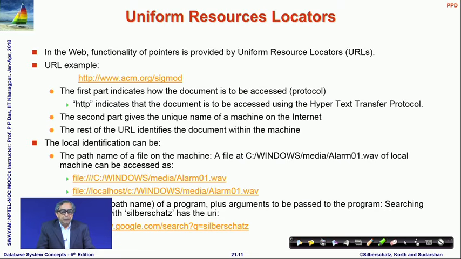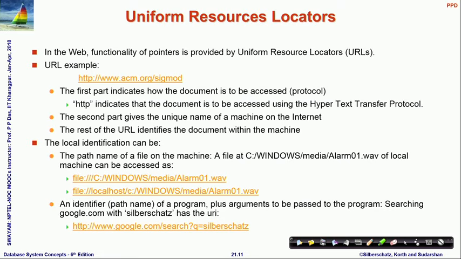So, a URL can be used in multiple other ways also. For example, I can use a URL locator to specify a file in my machine. For example, I have shown an example of an AVI file in my C drive in Windows, and that is done through a similar URL where the protocol is not HTTP, the protocol is file, telling me that it is actually residing in my local machine.